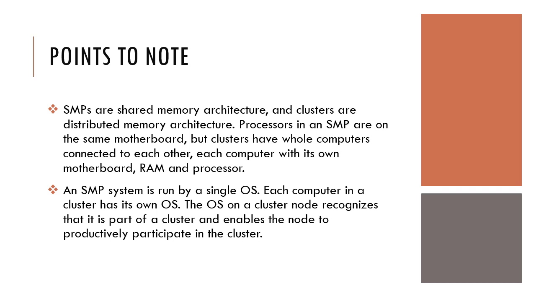An SMP system is run by a single operating system. Each computer in a cluster has its own operating system. The operating system on a cluster node recognizes that it is part of a cluster and enables the node to productively participate in the cluster.